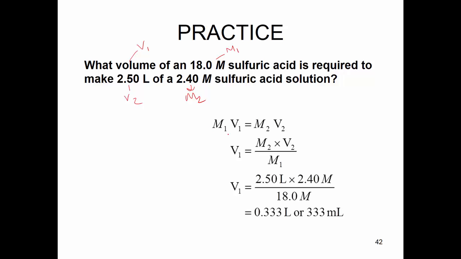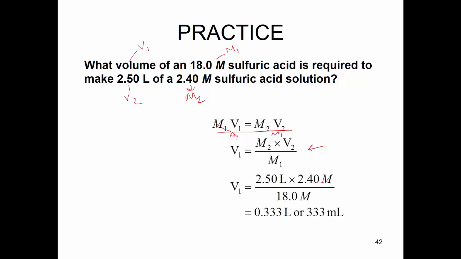All right, so we are looking for V1, so we divide by M1. So there's our rearranged equation. So M1V1 equals M2V2. V2 was 2.50 liters.